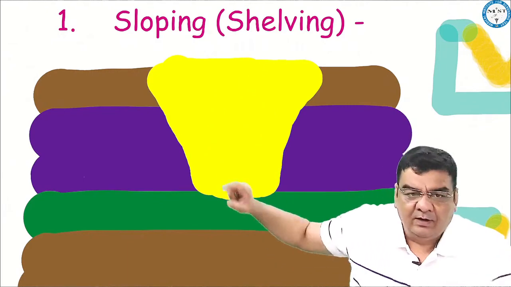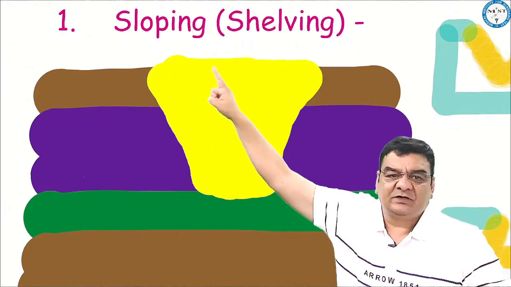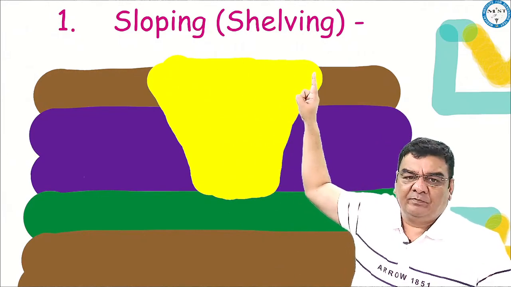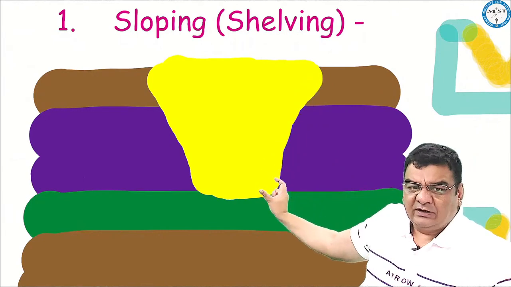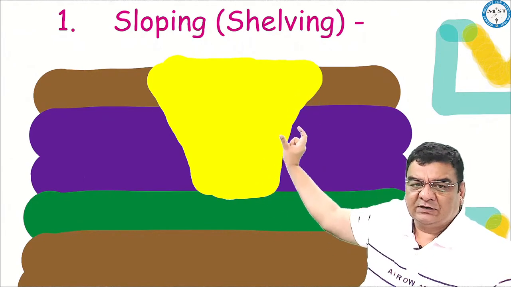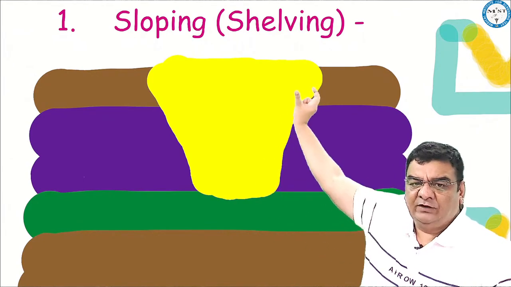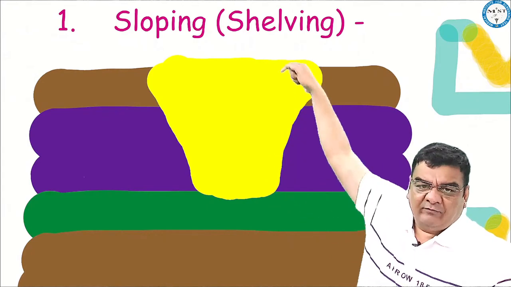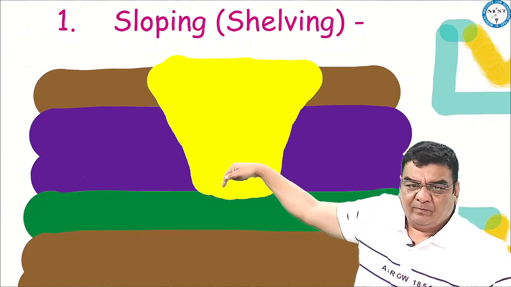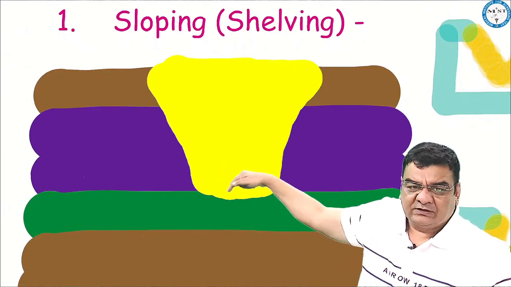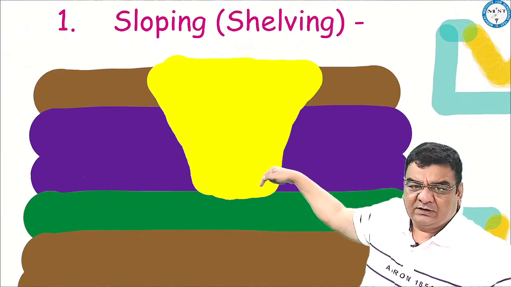Now, this is the breach in the continuity of epithelium. This particular border, beta, is called the edge of the ulcer. And when you're looking from the top, what you're seeing here is the floor of the ulcer.